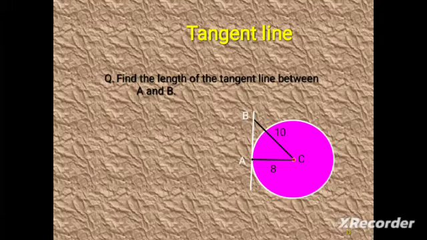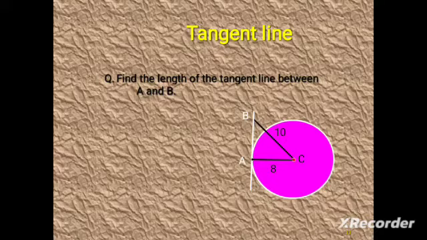Let's have a question. Find the length of the tangent line between A and B. From the diagram below, we have the center of the circle is C. A point on the circumference A that gives us the tangent to the circle at point A, and a point on the tangent line B. So we can form a right angle triangle because the radius is perpendicular to the tangent.